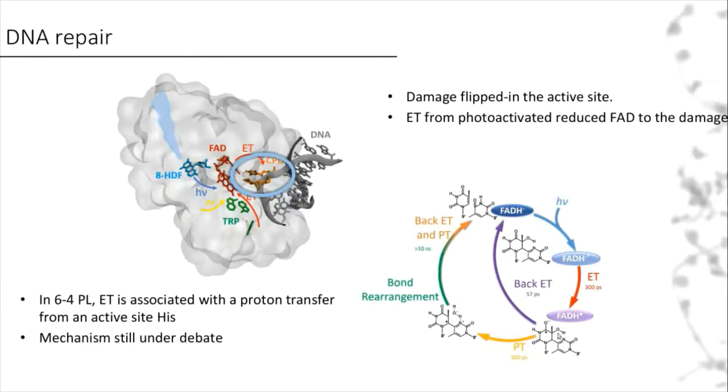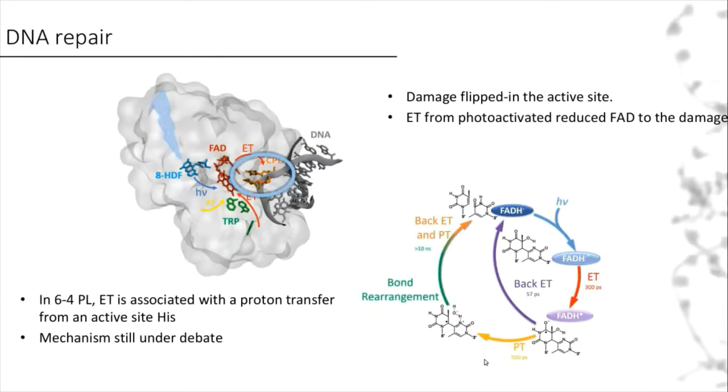Then for 6,4 you have proton transfer from the active site histidine, bond rearrangement, and then you have the two thymines, and the damage is repaired.